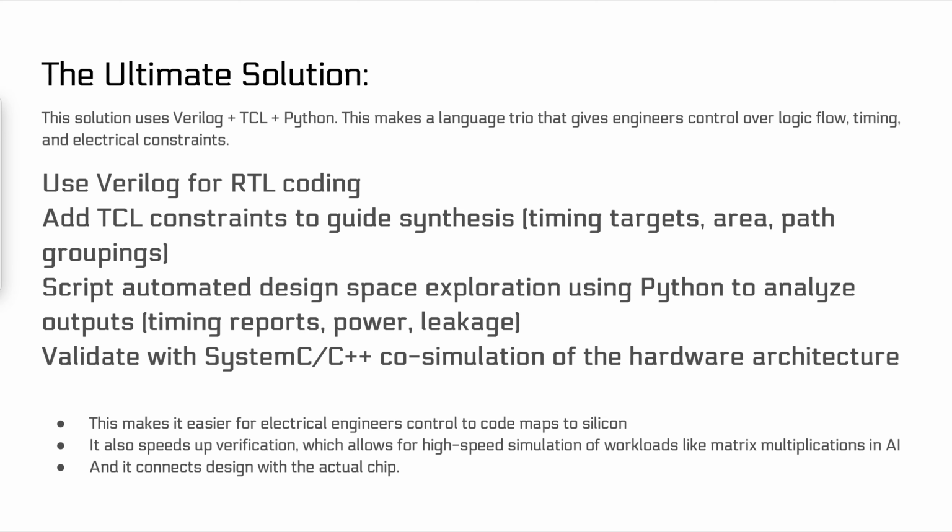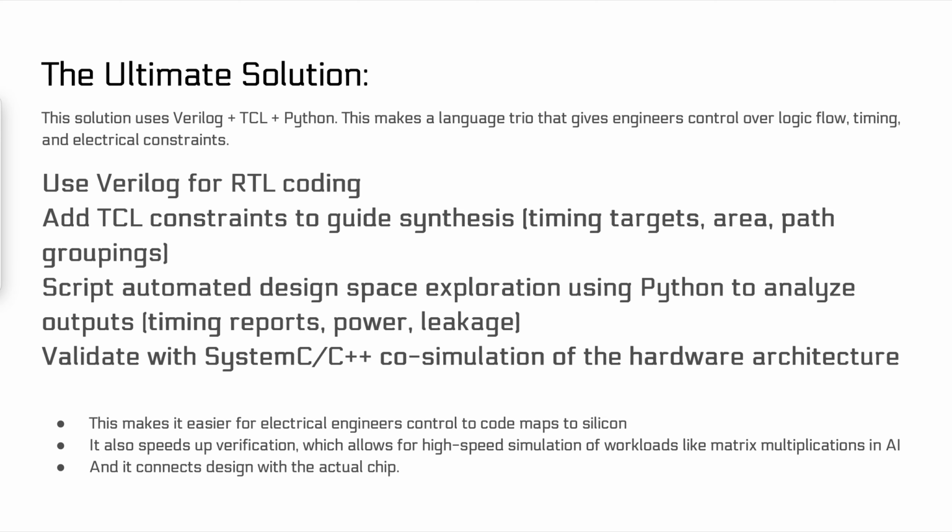The reason this solution works is that it makes it easier for electrical engineers to have control over how code maps to silicon. Another thing it does is speed up verification.